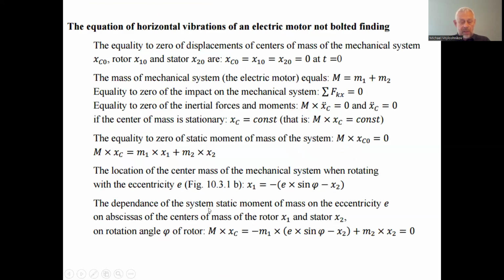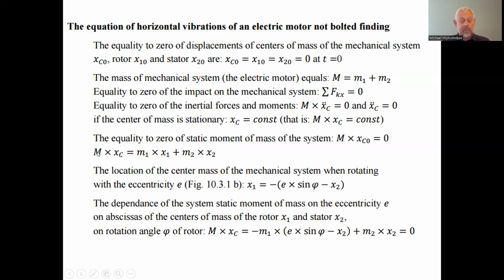And the dependence of the system static moment of mass on the eccentricity and on the abscissas of the centers of mass of the rotor and the stator we can find if we substitute here the equality to zero of the moment in the equation for the static moment, which characterizes the constant location of the mass center with no action of external forces.